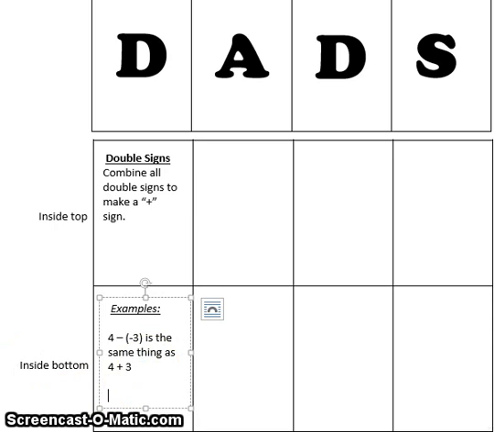If we have a negative 5 and a positive 2, that is the same as negative 5 and 2, or negative 5 and positive 2. So that's what you should have in the bottom half of that part of your foldable.